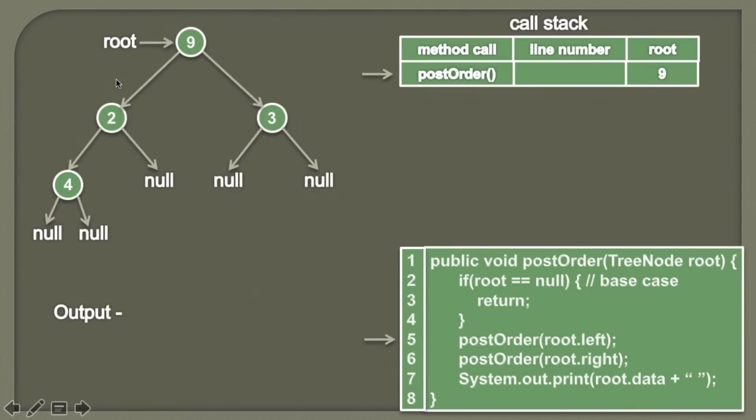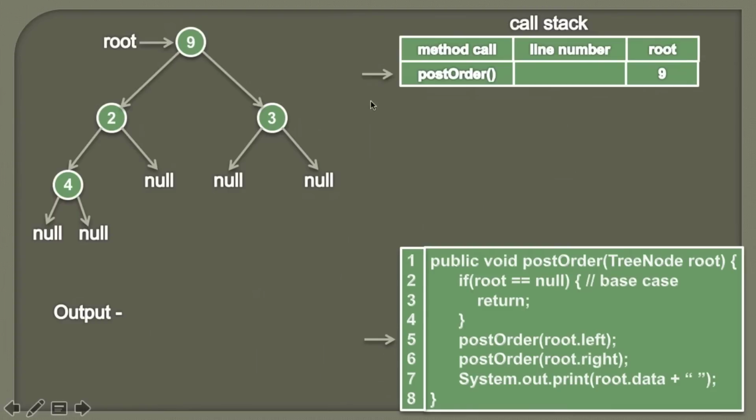So friends, as we discussed in our previous slide, in order to visit a particular node, we have to first visit its left subtree completely, then we have to visit its right subtree completely, and then we can visit the node. So therefore, before visiting the node 9, we have to first visit this left subtree completely. So we are again calling the post order method, and we are passing root.left to it, which is nothing but the node 2.